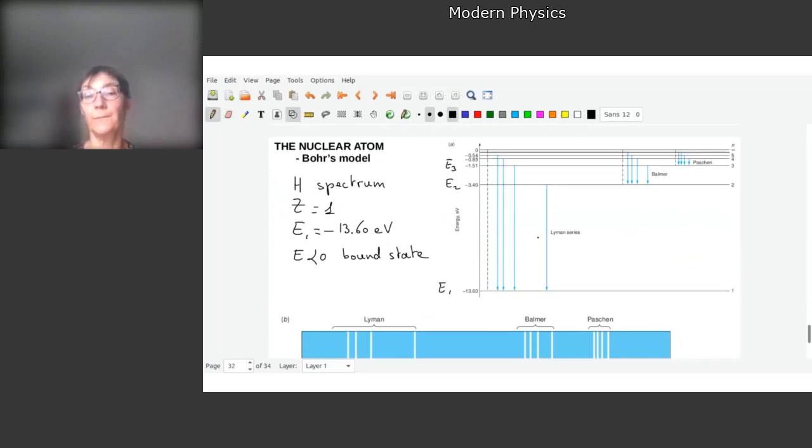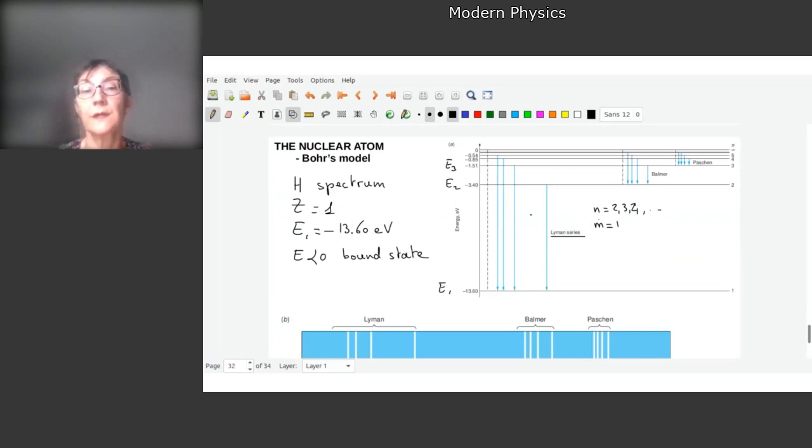And so we find again, you remember, that the Lyman series is for m equal 1, so n equal 2, 3, 4, etc., to m equal 1.